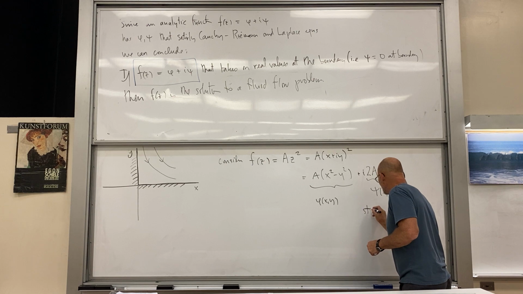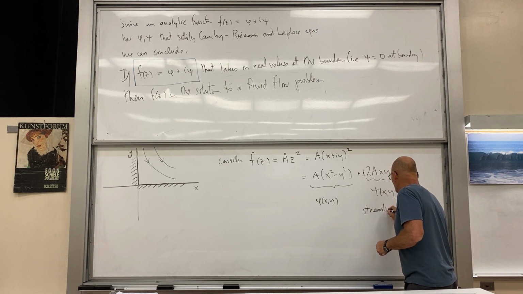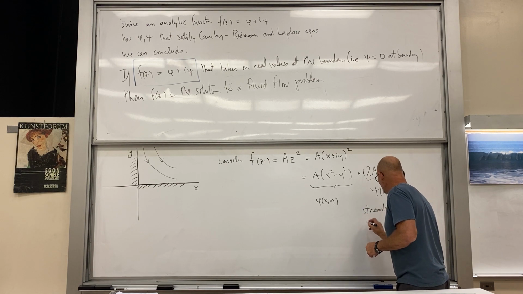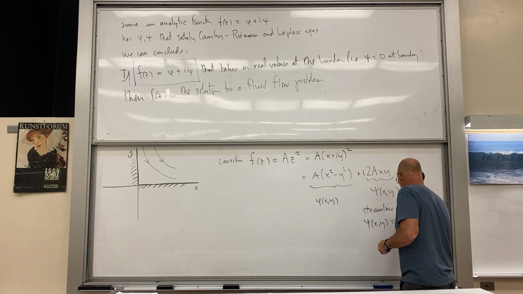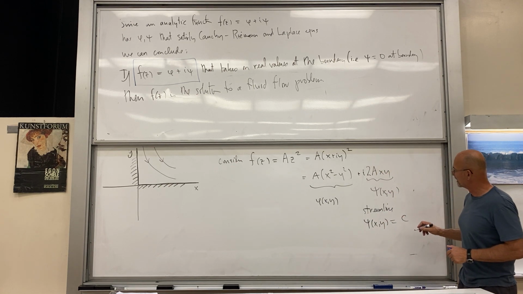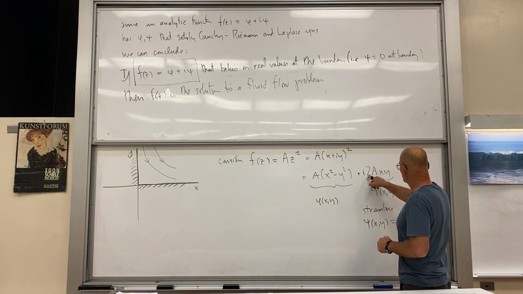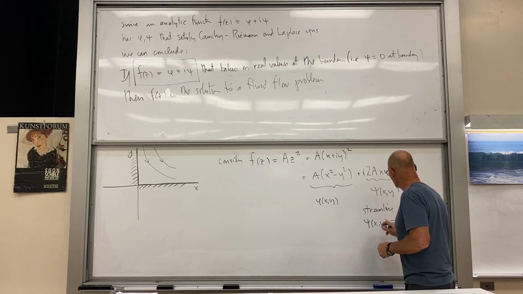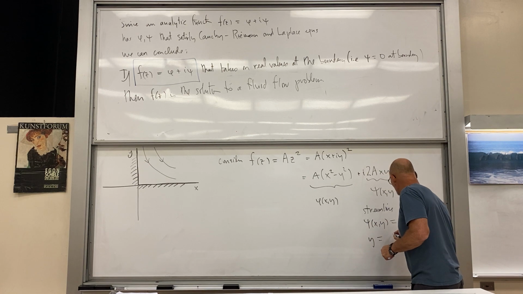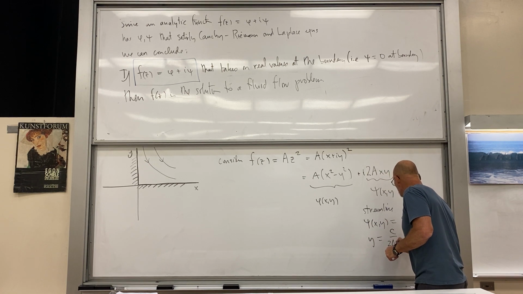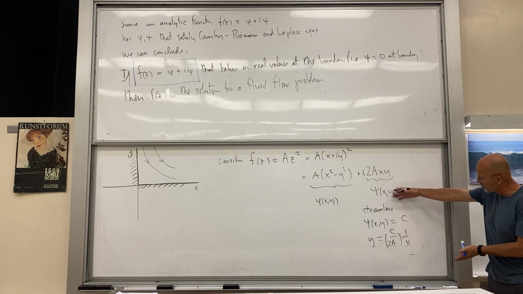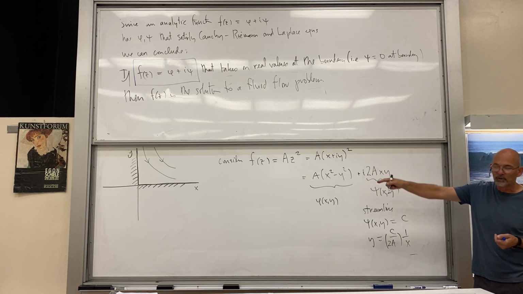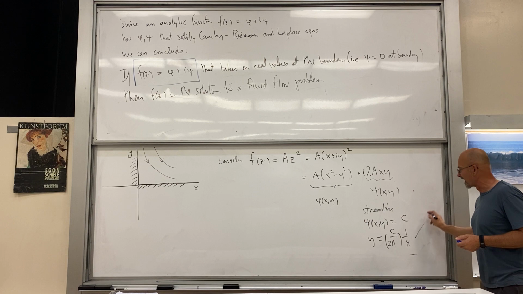Streamlines: psi of x and y equals constant. Since we have 2axy equals c, we have y equals c over 2a times 1 over x. So the 1 over x function is what I just drew there to begin with. So yeah, I knew that answer.